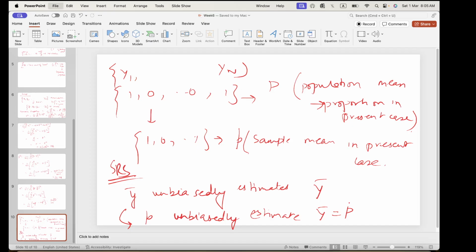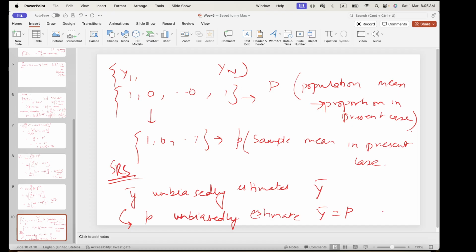Okay, now we have obtained the estimate of the population mean, but how good that estimate is, we'll be able to tell by looking at some other metrics. There could be a couple of things that you can check.